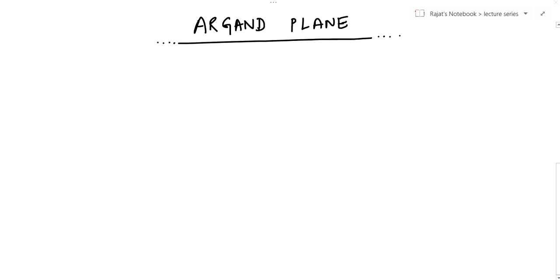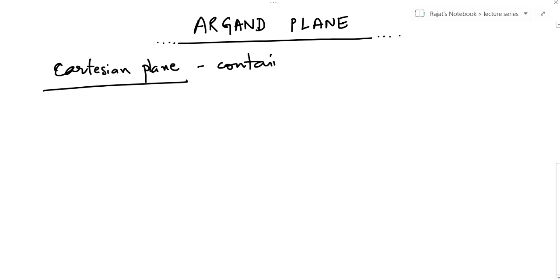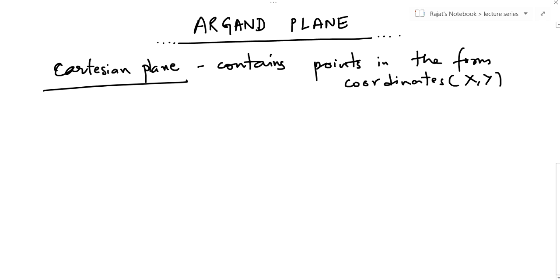Okay, so you might have heard about the Cartesian plane. The Cartesian plane contains points in the form of coordinates, x and y.